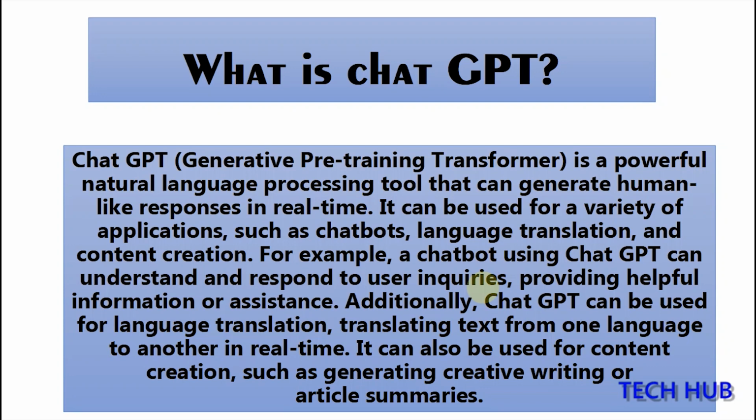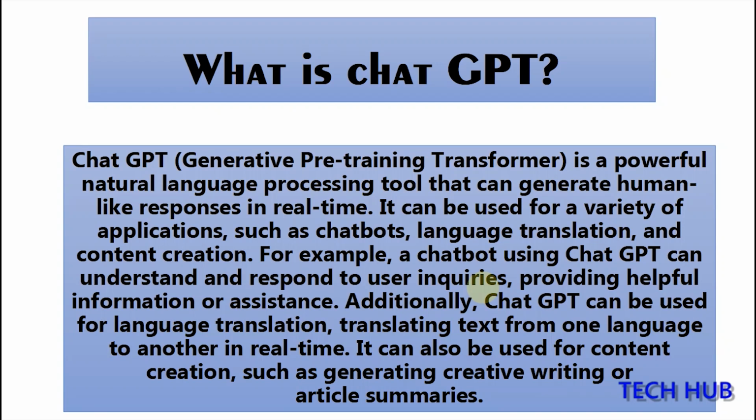ChatGPT, which is Chat Generative Pre-trained Transformer, is a powerful natural language processing tool that can generate human-like responses in real time. It can be used for a variety of applications, such as chatbots, language translations, and content creation. For example, a chatbot using ChatGPT can understand and respond to user inquiries, providing helpful information or assistance.